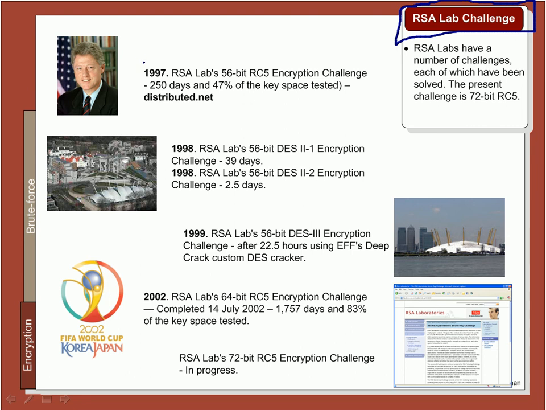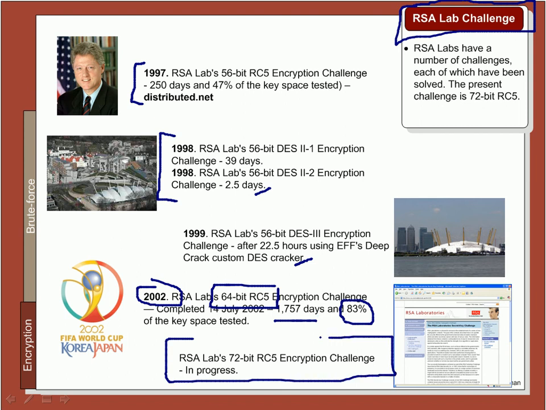We've seen that in 1997, 1998, DES was cracked within 2.5 days, and then triple DES was cracked in 22.5 hours, and the 64-bit RC5 in 2002 was cracked within almost 1800 days, of which 83% of the key space was tested. Currently, a 72-bit challenge has been posted, and many people are working on this.